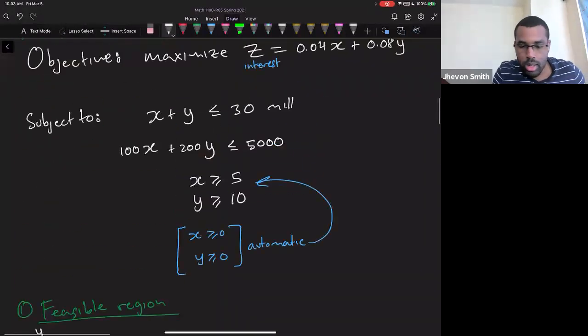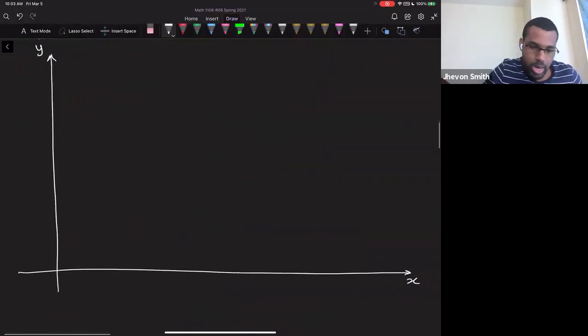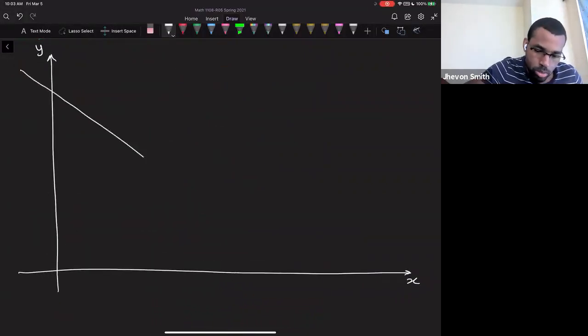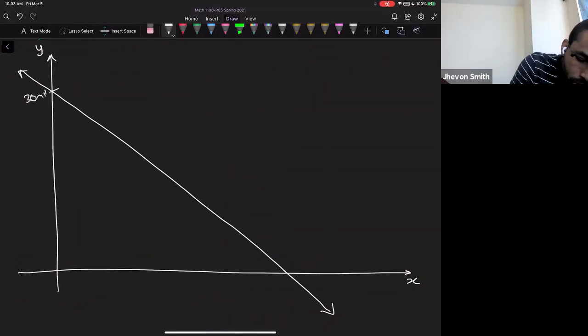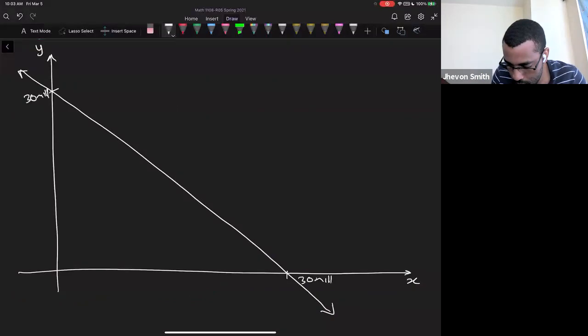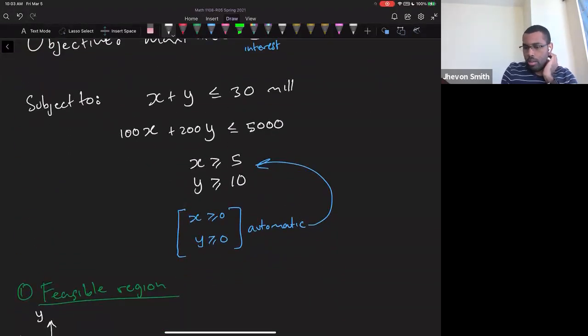So x plus y equals 30 million. Here it's 30 mil, and here 30 mil. What else? 100x plus 200y is less than 5,000. Plug in y equals 0, our x would be 50.